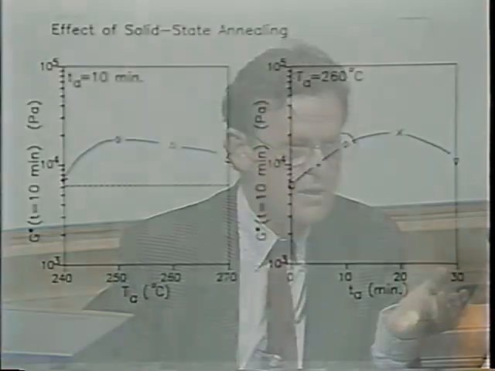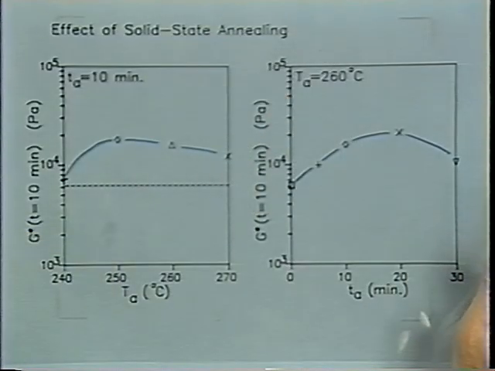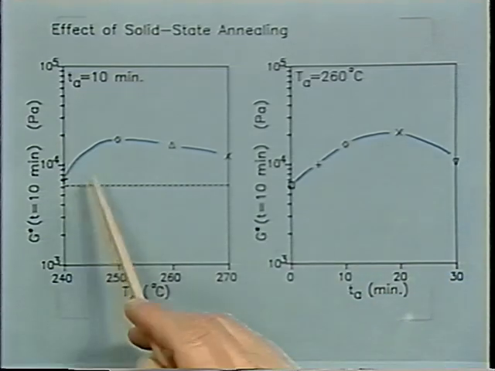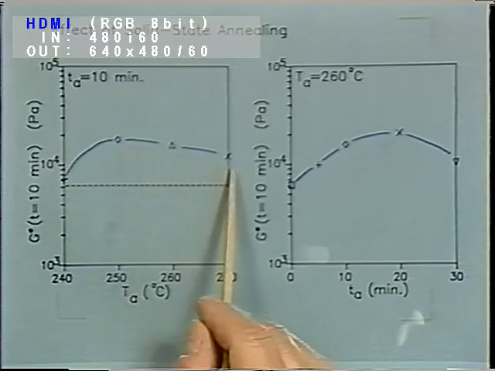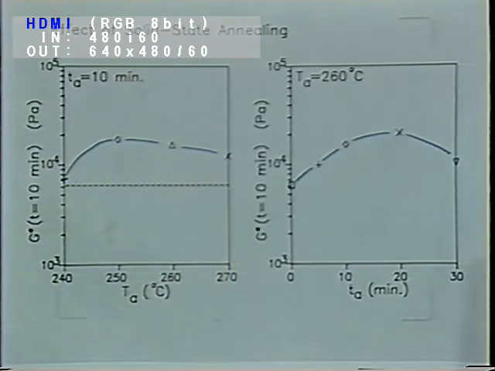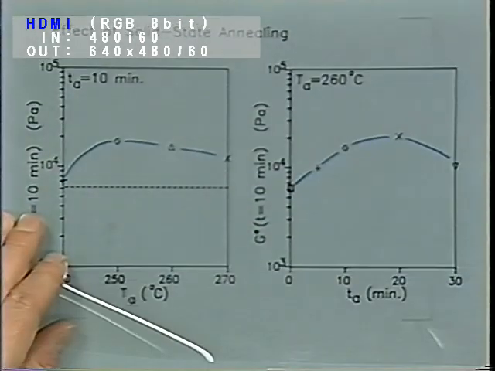The effect actually is reversed in some cases because the annealing in the solid state might introduce such a large fraction of highly ordered region in the system that the molecules are not mobile anymore, and they are not able to form the highly ordered structure which we are trying to achieve. So annealing in the solid state will decrease the growth rate of the modulus, and is not advantageous in this case.